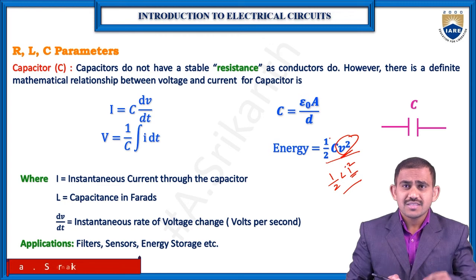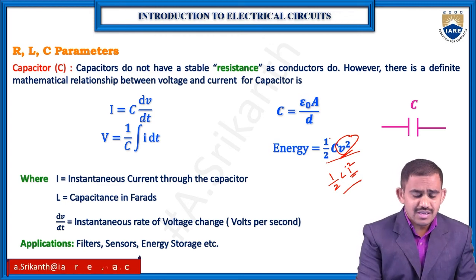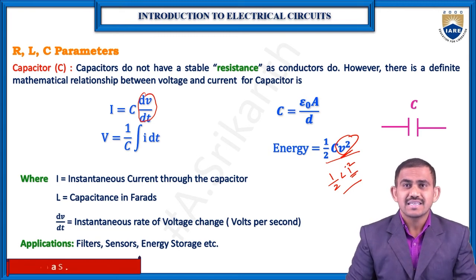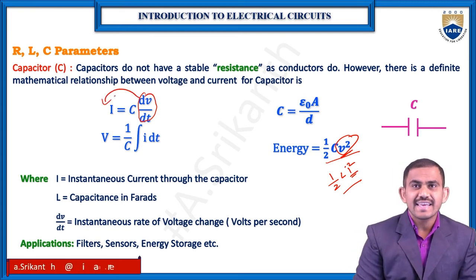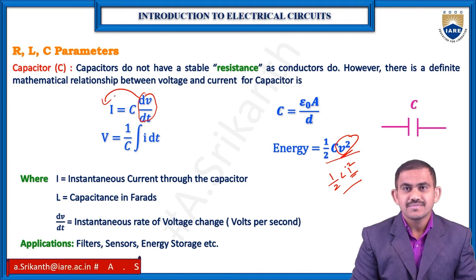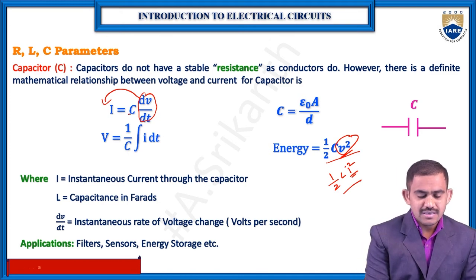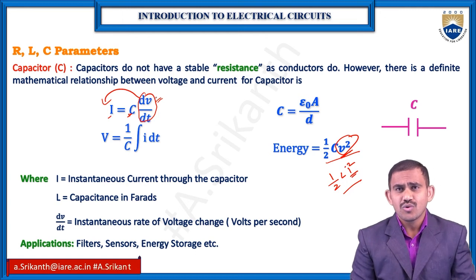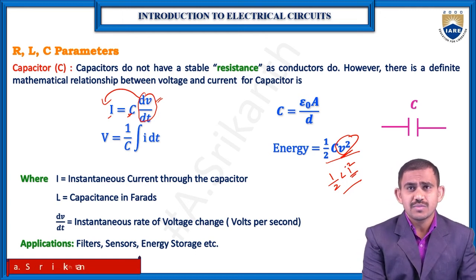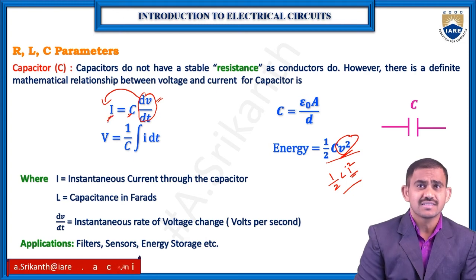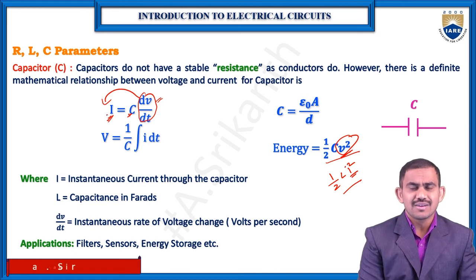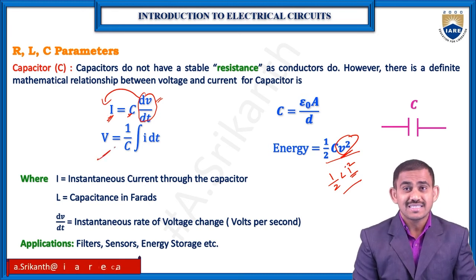Since the capacitor stores energy in the form of voltage, I need to show the small voltage change dV by dt. So the equation for current is I equal to C dV by dt, where C is the capacitance value and I is the current. Applying the integral on both sides, we get V equal to 1 by C integral I dt.